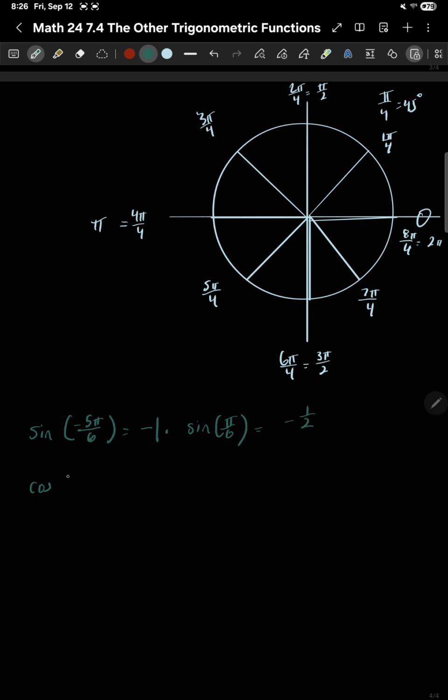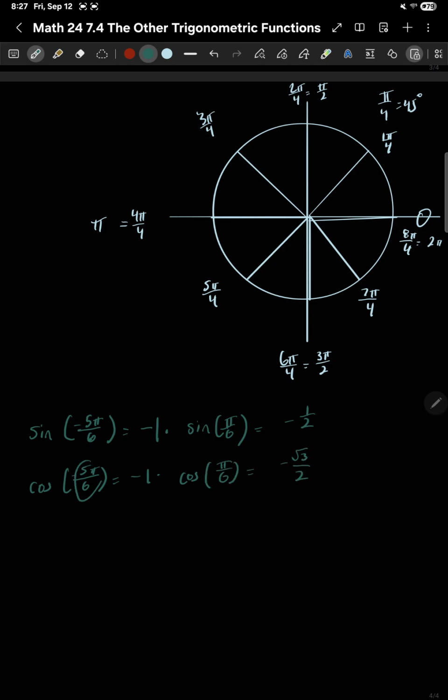And cosine of negative 5 pi over 6, that's going to be equal to negative 1 times cosine of pi over 6, which is equal to negative square root of 3 over 2.